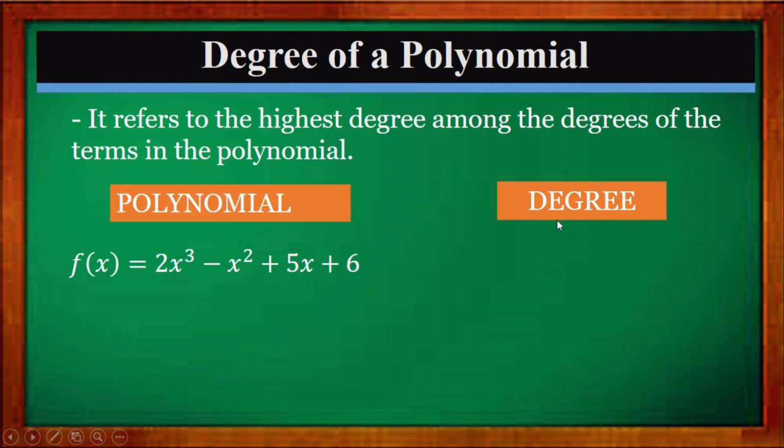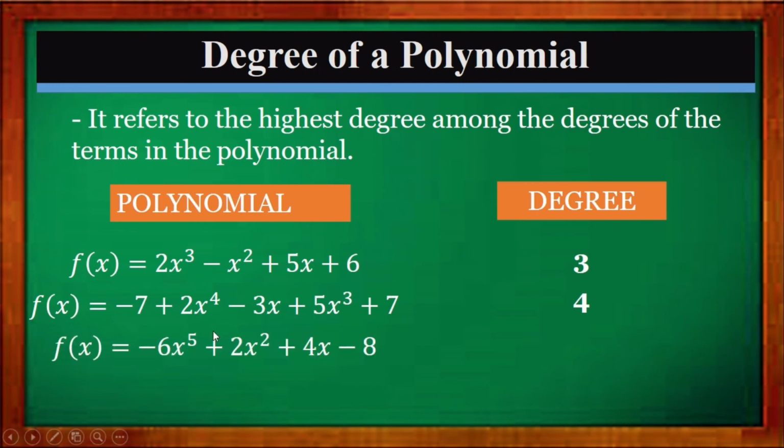That is why our degree is 3. Another one, we have f of x equals negative 7 plus 2x raised to 4 minus 3x plus 5x cubed plus 7. So in this function, we have the exponents 0, 4, 1, 3, and another 0. And the highest exponent among these terms is 4. That is why our degree is 4.